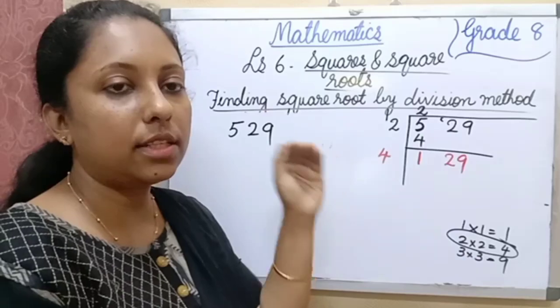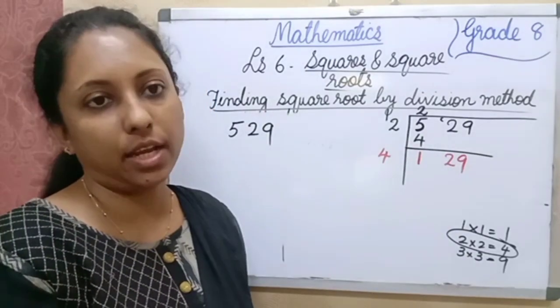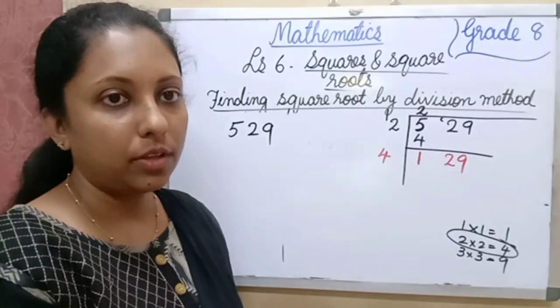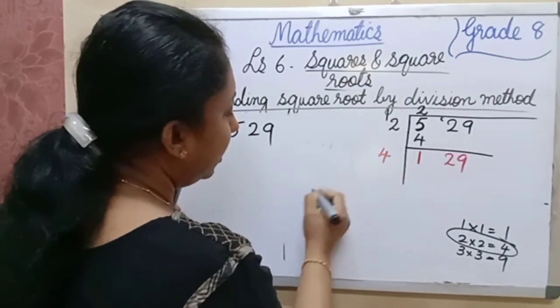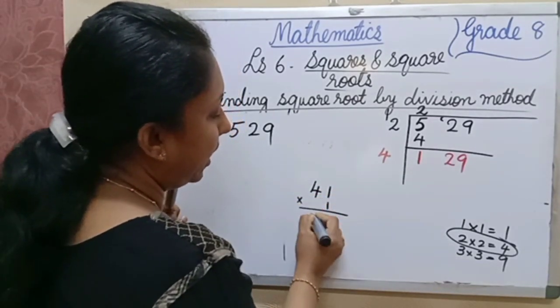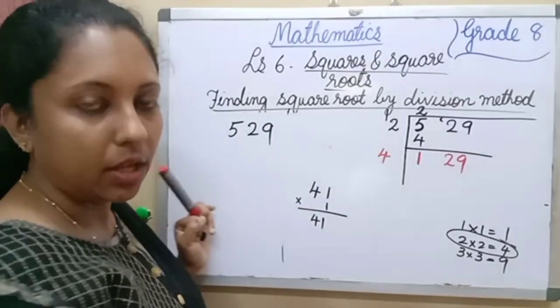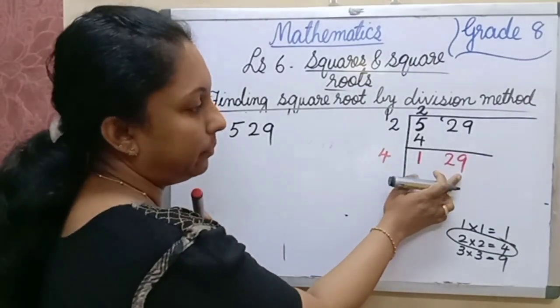That is, the product is less than or equal to 129. That is the next step. Understood? For example, if I add 41 here, the same number we should multiply. So 129 it should be.